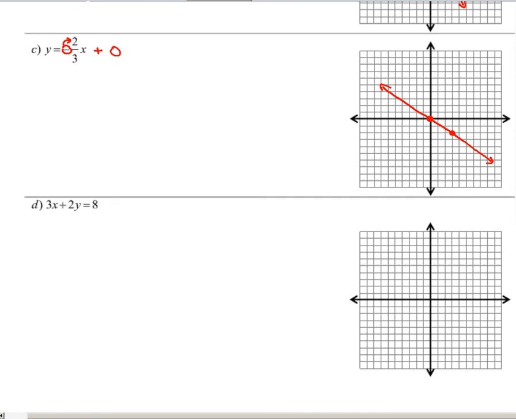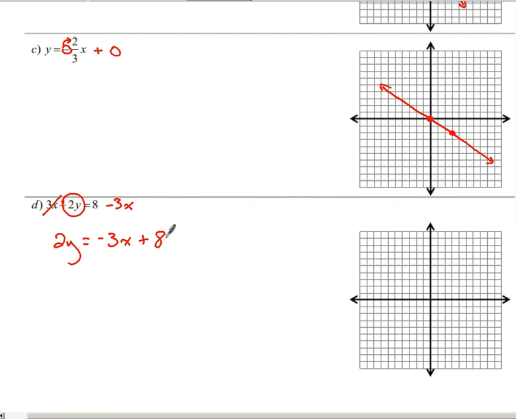So solving for my y term, I would subtract 3x over. Being consistent with my slope-intercept form, as I write this out, what 2y should equal, it should equal -3x plus 8, right? Because I want it to be mx plus b.